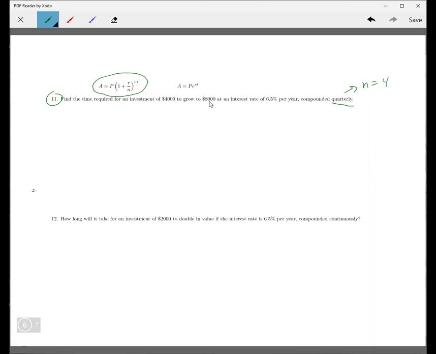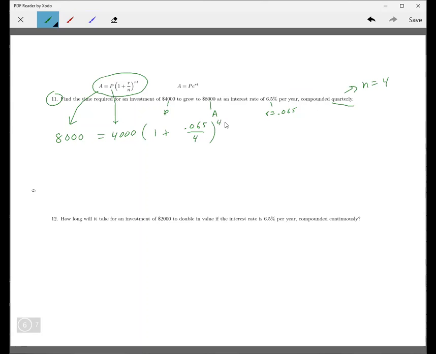So this right here is our amount that it's growing to. This is our principal, and the rate is going to be 0.065. And we want to find what t is. So plug everything in. So $8,000, we're plugging that in there, and then $4,000 for P, and then 1 plus 0.065 over 4 to the nt.